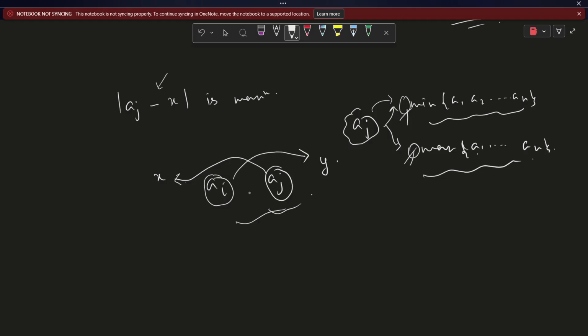So AI's maximum difference is with the maximum element and AJ's maximum difference is with the smallest element.